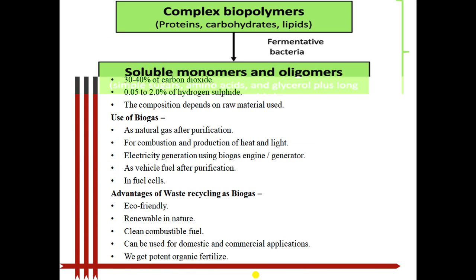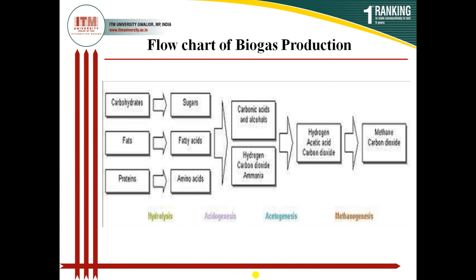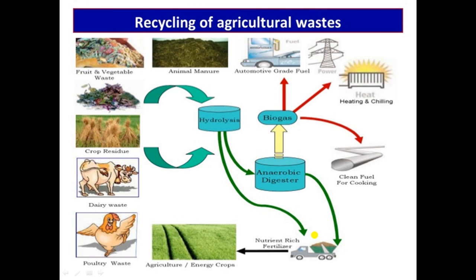So what I told you, these gases are collected and utilized as an automotive fuel, or for power production, or as a clean fuel for cooking. So now what is the difference? How can you see that this recycling of agricultural waste is beneficial?